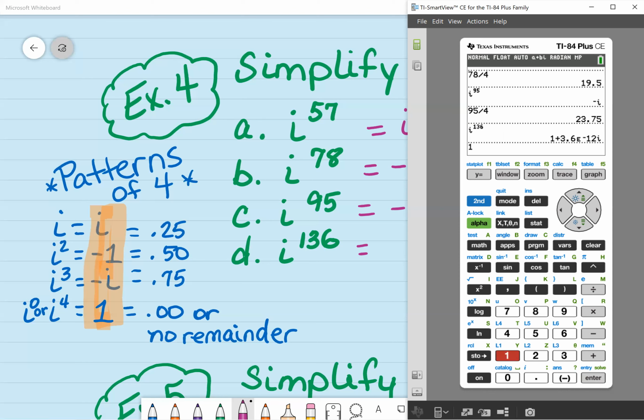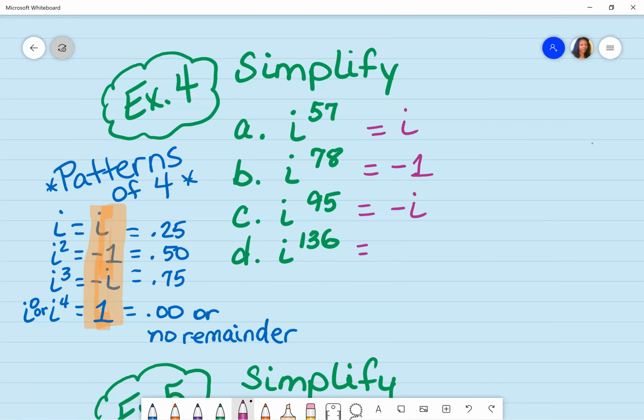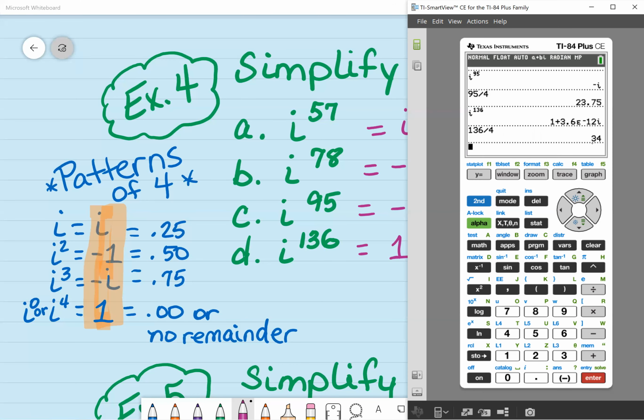So if I did 136 divided by 4, I have no remainder, and no remainder means 1. So this can be confusing when students see that E. Everything attached to that E on that side of the sign is 0. So we know this is going to just be 1. When it looks like that, I prefer to just divide the exponent by 4. That way you can clearly see the decimal.